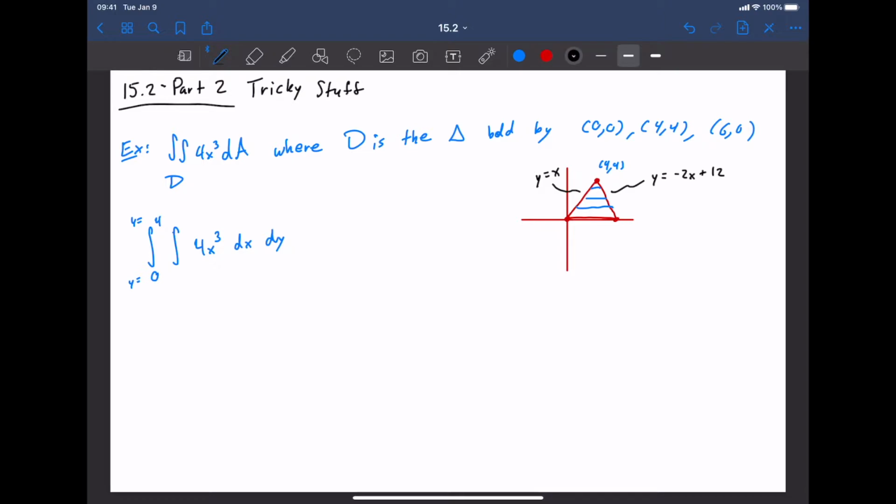So if we want to switch it and make x the solved for, this left line is easy. x equals y. This right line takes some solving, right? You'd have to get x equals negative 1/2 y plus 6.